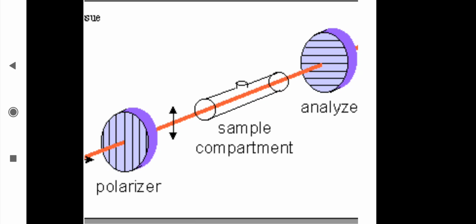That light source is converted into a vibration in one plane by this polarizer, and then the sample compartment is in the middle of the polarizer and the analyzer, because the analyzer should be at the end and the polarizer should be at the other end with the sample in the middle.